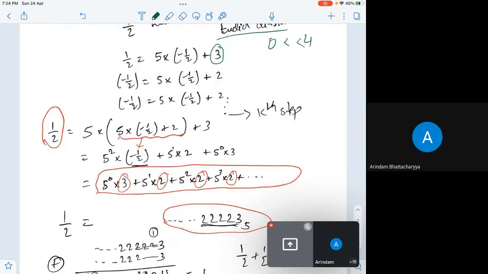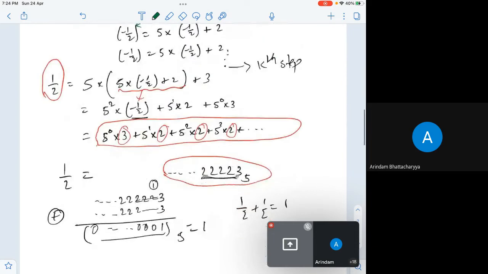So half is 5 times minus half plus 3. Again, I try to do the same thing with minus half. It's 5 times minus half plus 2 and so on. So half is 5 times 5 times minus half plus 2 plus 3, and you get this. Then you keep opening the minus half, and you keep getting this expansion. Oh, yeah, okay.